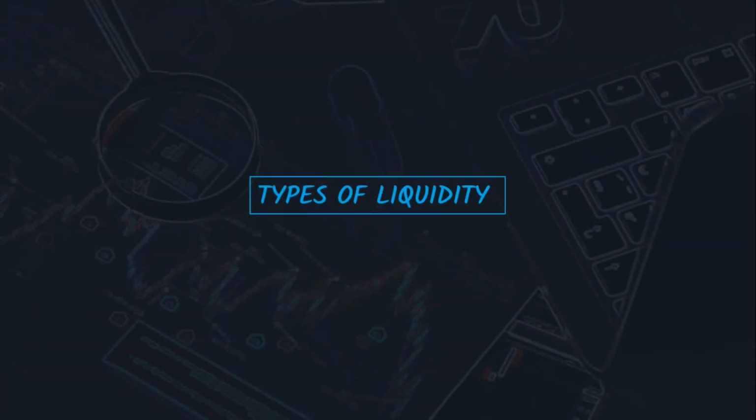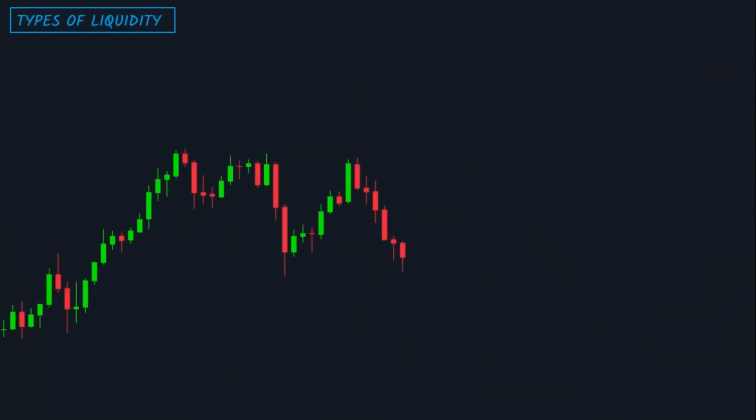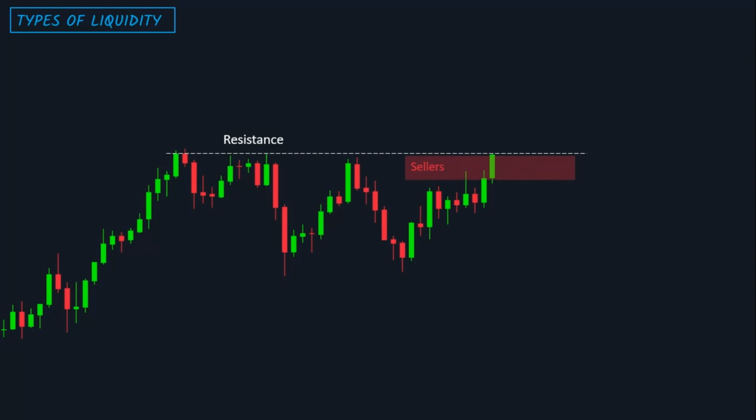There are two main types of liquidity, each based on the direction of orders: buy-side liquidity and sell-side liquidity. Buy-side liquidity refers to areas on the chart where sellers have placed their stop losses above a swing high or resistance level. When those stop losses are triggered, they turn into buy orders, providing the liquidity needed for institutions to execute large sell positions.